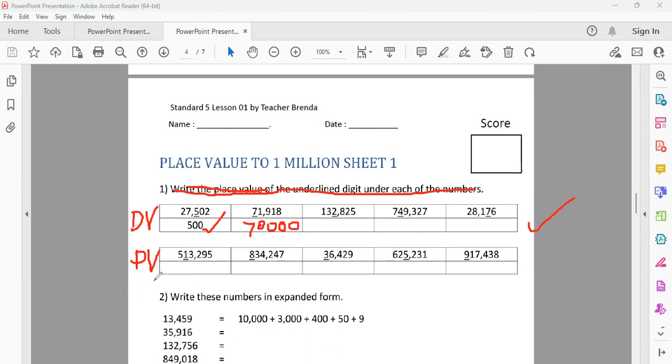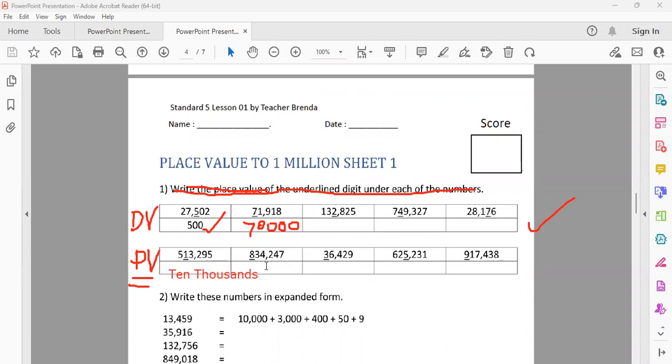Now, for the second table, you write the place value. So, for 1, the place value is the house of 10,000. So, you write there 1, or you just can write 10,000. That's the place value for that digit 1.